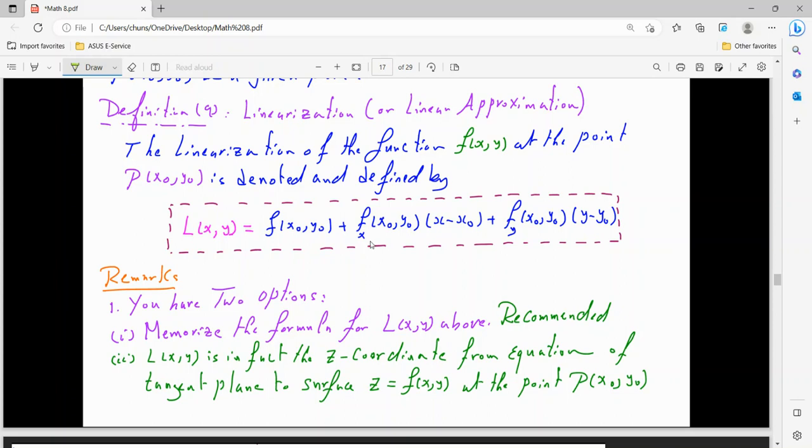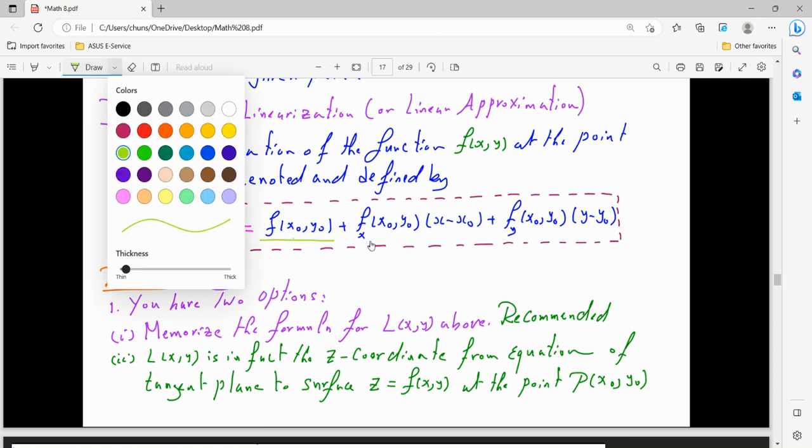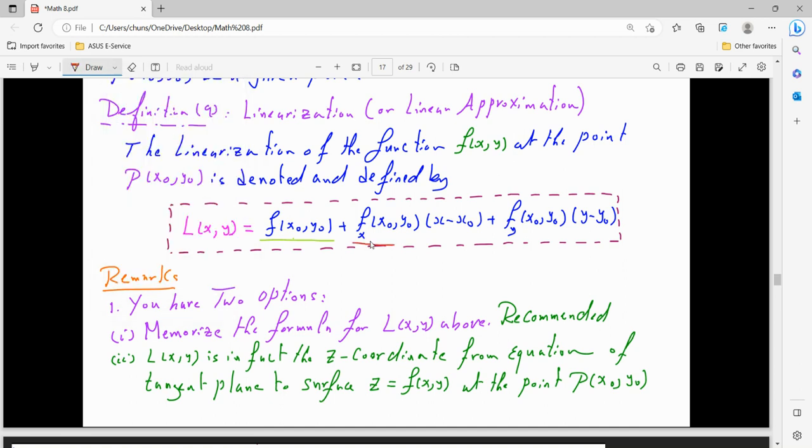We have our original function with our original values of x and y, plus our partial derivative of our function with respect to x at our original x and y values times our change in x, plus our partial derivative of our function with respect to y at our original x and y values times delta y.